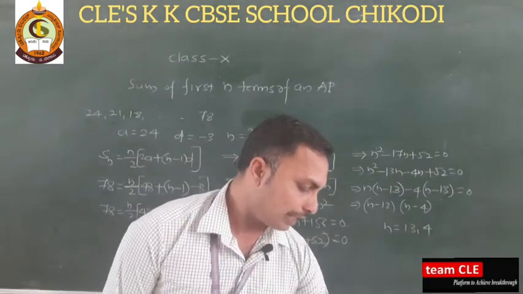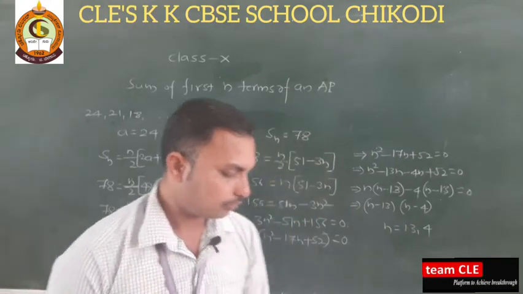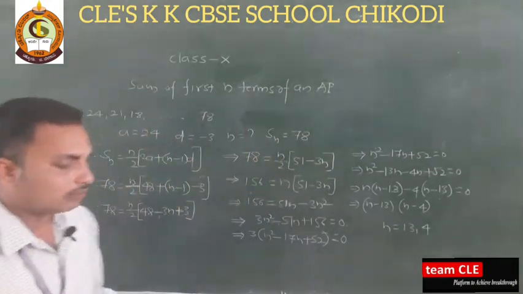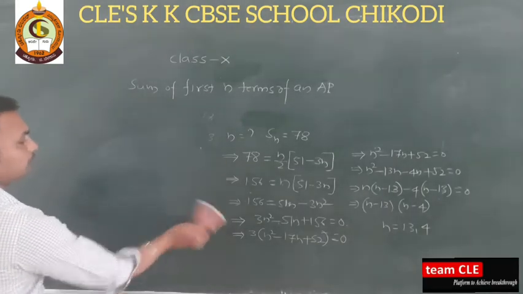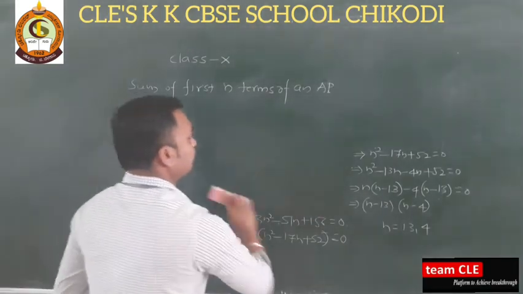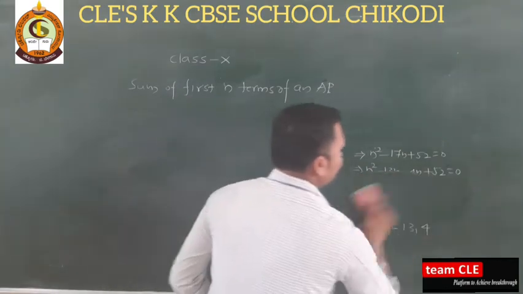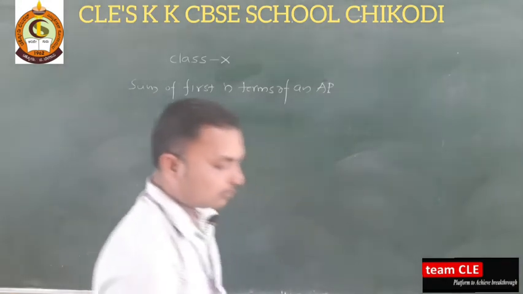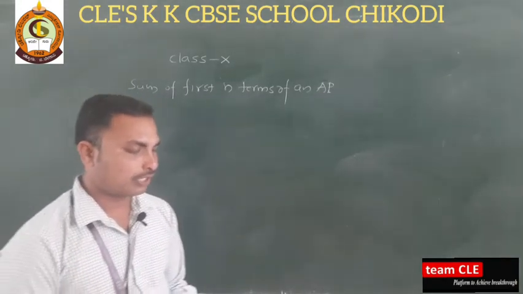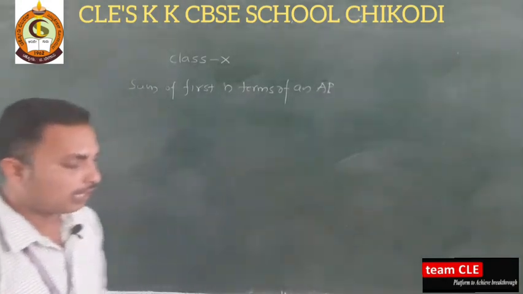I'll move to exercise 1.3. Find the sum of the following APs. First one: 2, 7, 12, and so on, 10 terms.